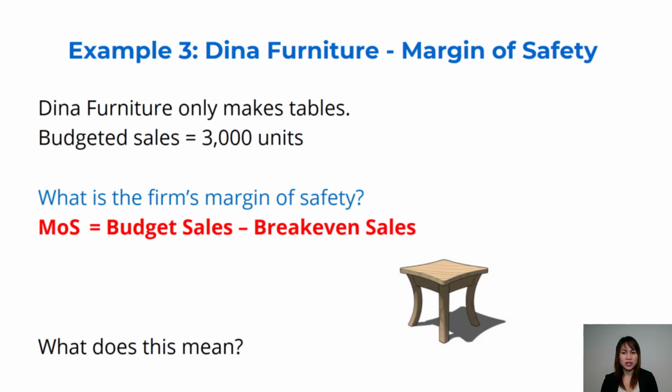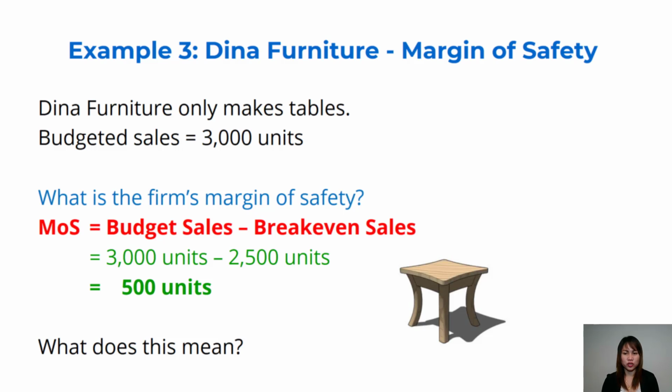Margin of safety is calculated as the difference between budgeted or actual sales revenue or unit and break-even sales revenue or break-even unit. For Dina case study, budgeted sales is 3,000 unit, break-even sales is 2,500 unit. Therefore, the difference is margin of safety 500 unit.